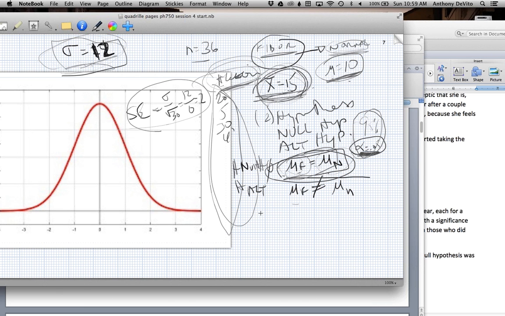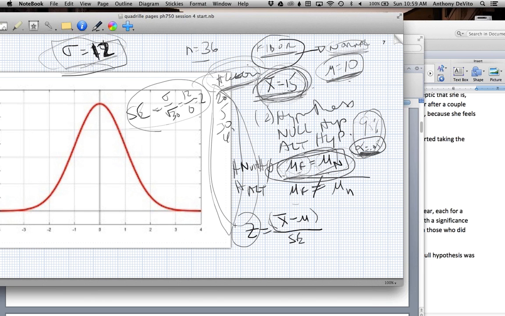I'm going to do that a little bit different way when I do a hypothesis test. And the way I'm going to do that is I'm going to say that I want to know how many standard deviations these two groups are apart. So let's see, how am I going to do it? I'm going to say x bar minus the mean. I'm going to look at the difference between these two means over the standard error, over the standard deviation or standard error.